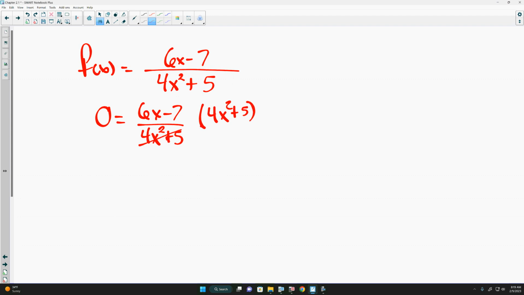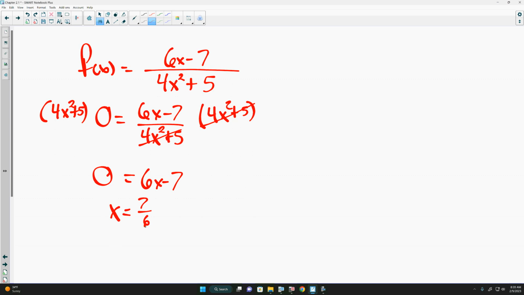Because if I do that, these would cancel. And what I do to one side, I have to do to the other, which would leave us with 6x minus 7. Well, 4x squared plus 5 times 0 is, surprise, surprise, 0. So we'd end up doing the same thing, still getting that x is 7/6.